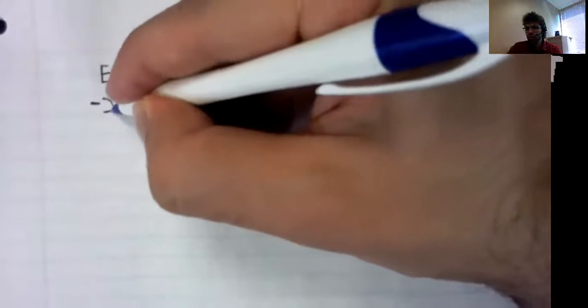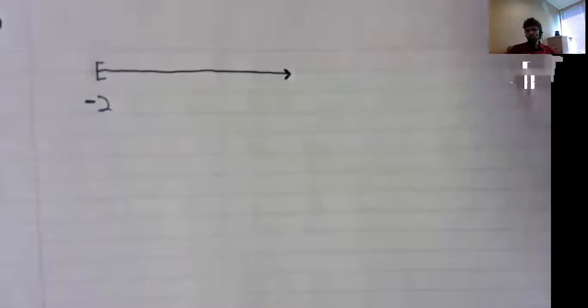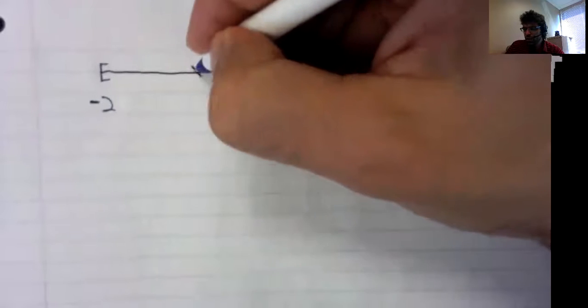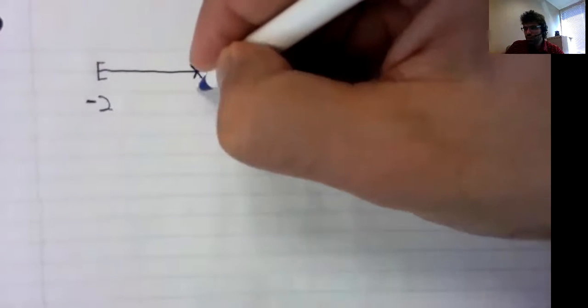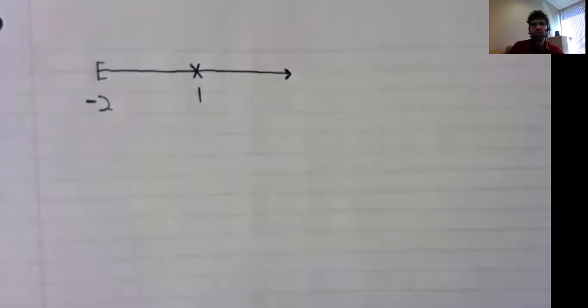We want all the numbers greater than or equal to negative 2, but we do not want to include 1.